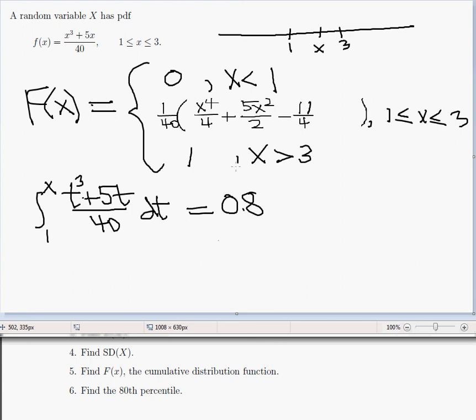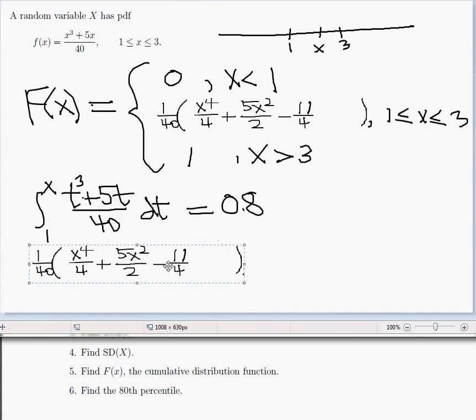In other words, I need to take the expression that we just found and set that equal to 0.8.